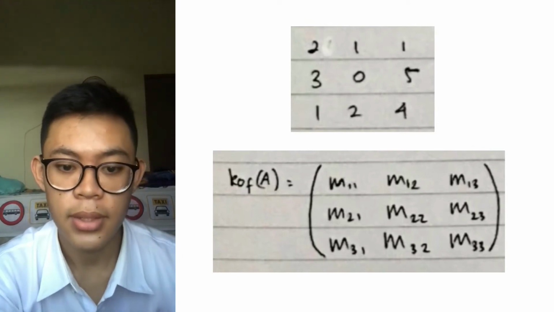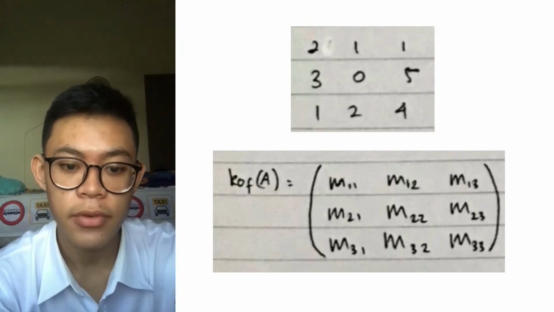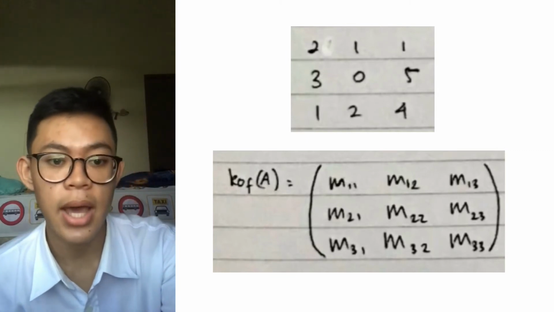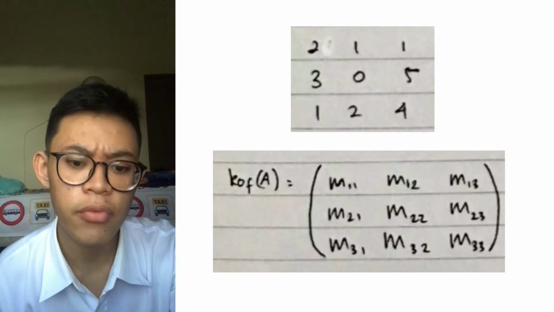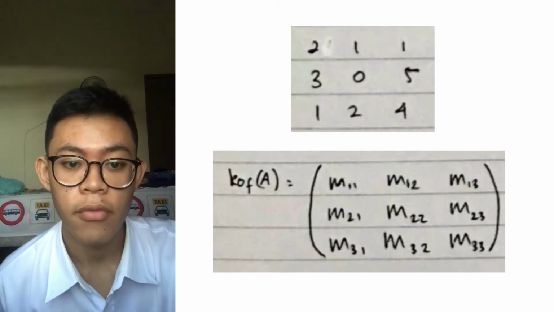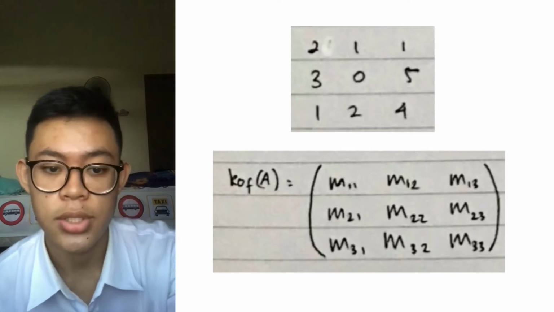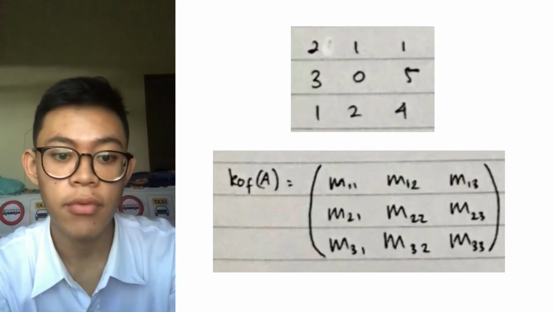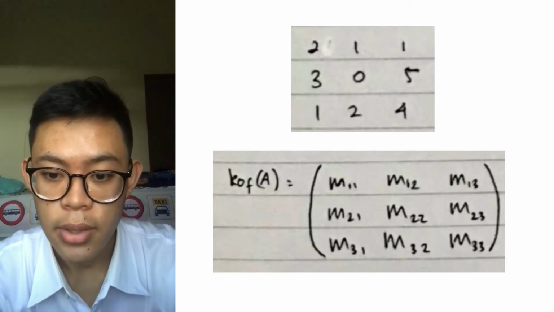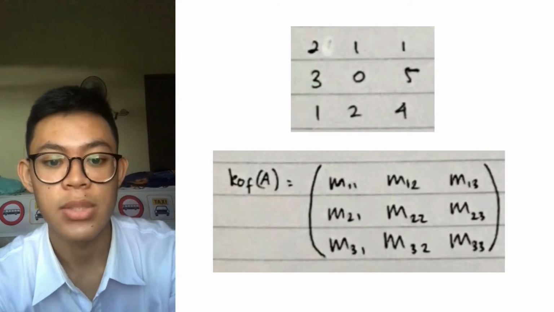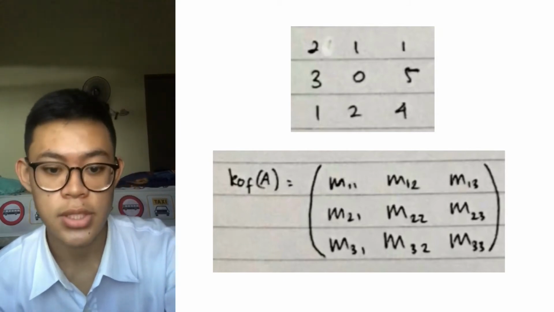And then this means that, for example, like the first row and first column, M11, this means that we are going to remove the first row and the first column of the 9 numbers on the question. So if the numbers were 211 305 124, the numbers then will be 0524, because we just removed the first row and the first column.